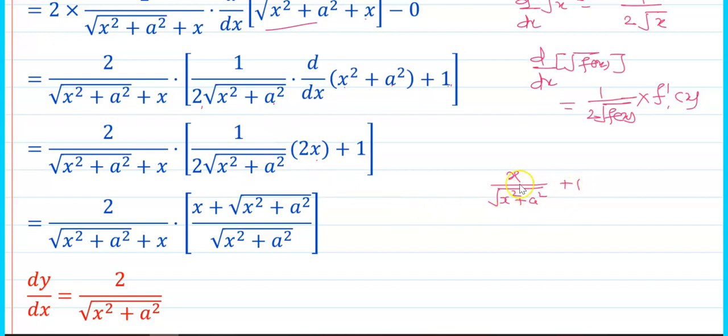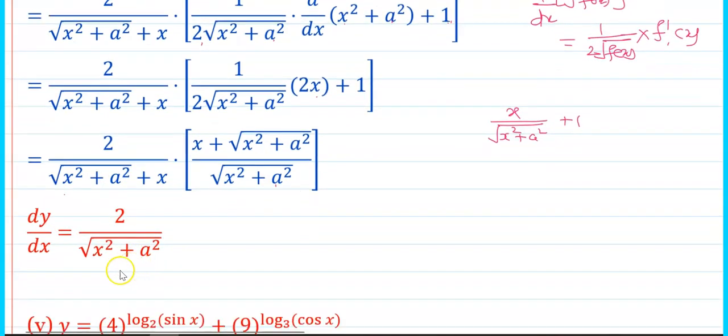If we simplify again, that is x upon root of x square plus a square plus 1, means what? x plus root of x square plus a square upon this quantity. Okay. And hence, what about the next? These two terms get cancelled and hence here dy by dx is equal to 2 upon root of x square plus a square.